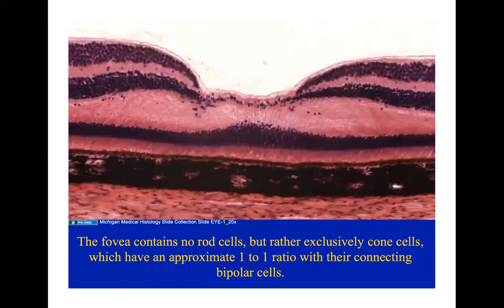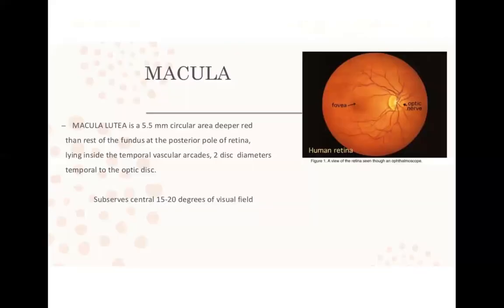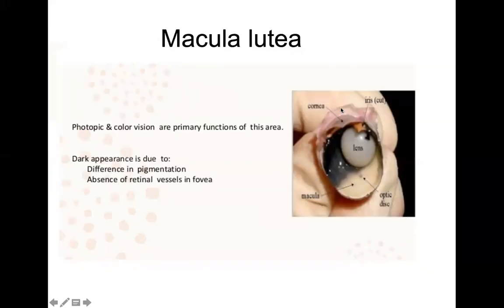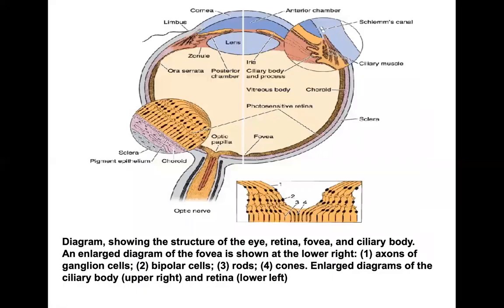The fovea contains no rod cells; only cone cells are found in your fovea. So the macula is the central aspect in the posterior part of the retina, but central to the macula is your fovea centralis.